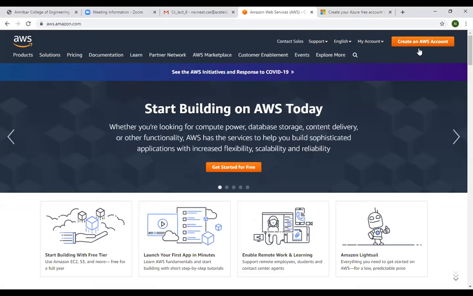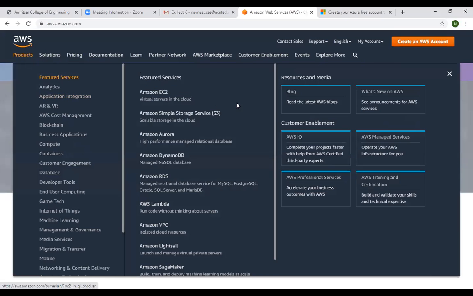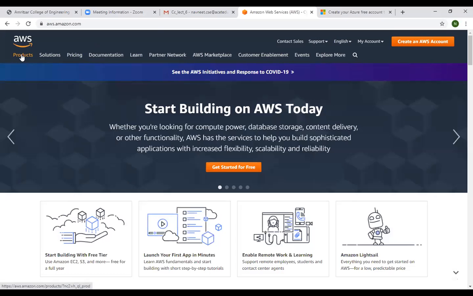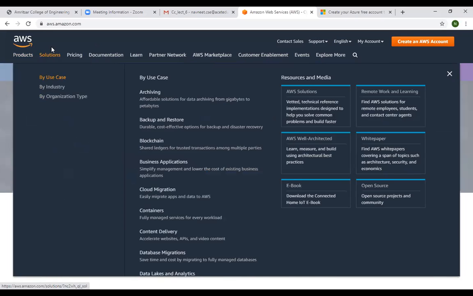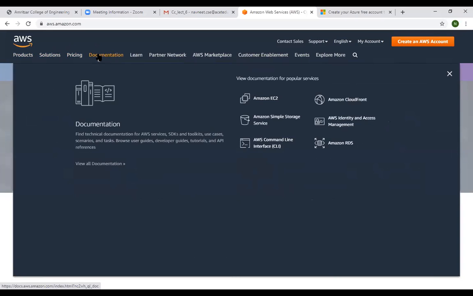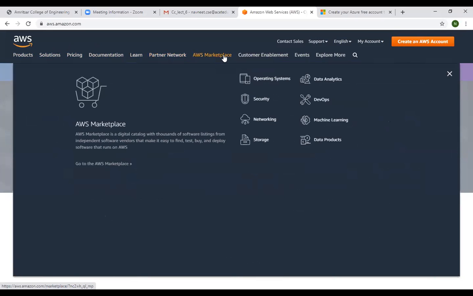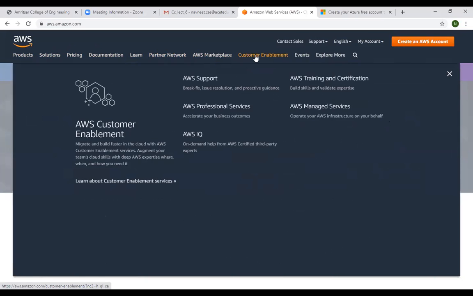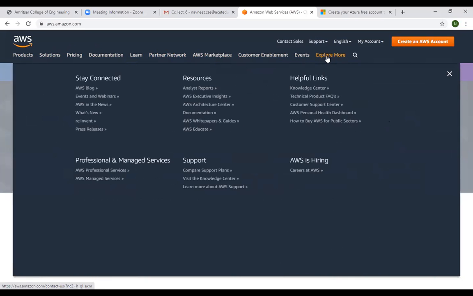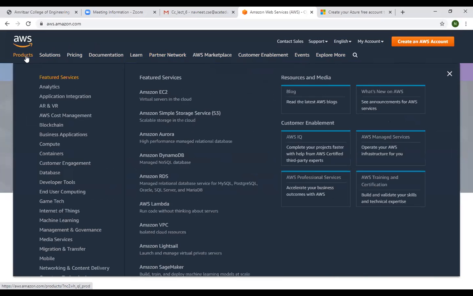And you can see here there are different tabs related to products. AWS provides solutions, pricing, documentation, learning, partner networks, marketplace, customer enablement, events, and many more things related to that. Before moving further, we'll discuss the products.